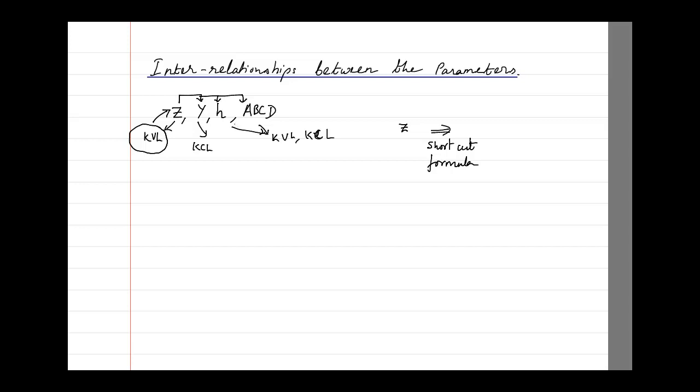For example, suppose you find out a Z parameter for a two port network circuit which had V1, I1, V2, I2, and suppose you found out the Z parameter to be some value, let's say Z11, Z12, Z21 and Z22.